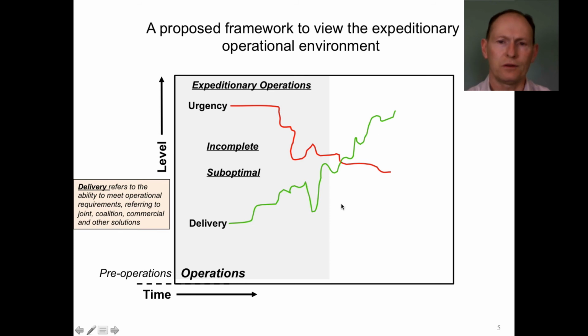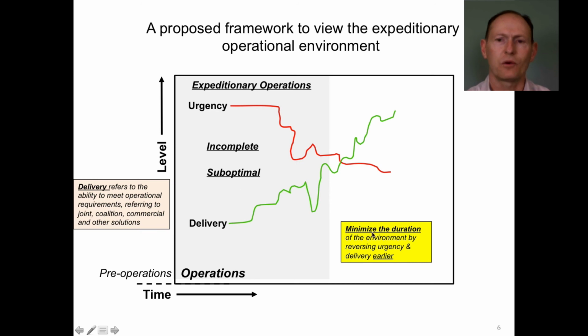But what we want to do is decrease the time that these two are in the relationship that they initially begin. So we want to minimize the duration of the environment by reversing these two elements earlier.